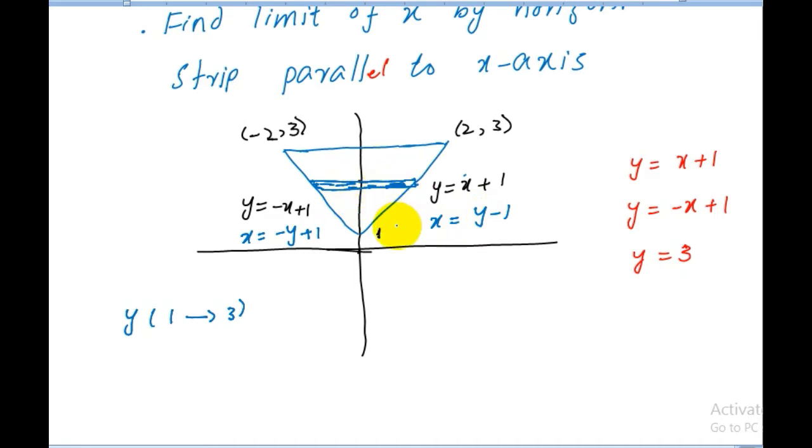So over this integral we can take the limit of y first, which is from 1 to 3, and the limit of x is from x equal to minus y plus 1 to x equal to y minus 1, f of x y dx dy.